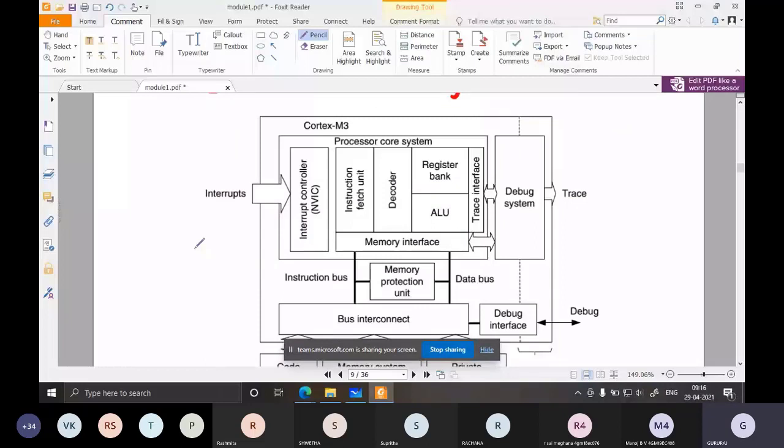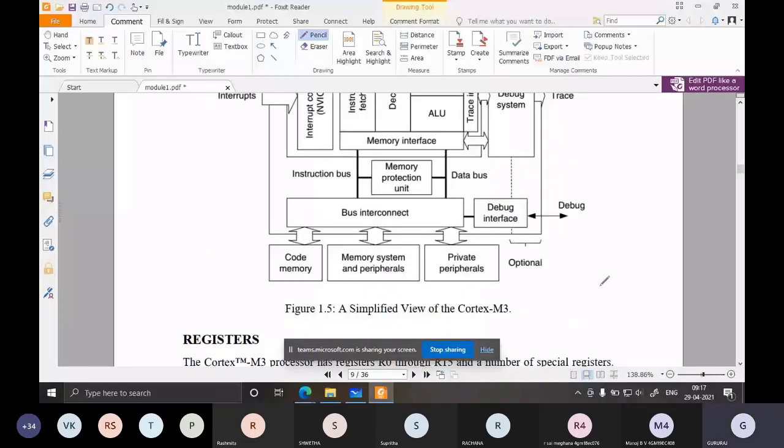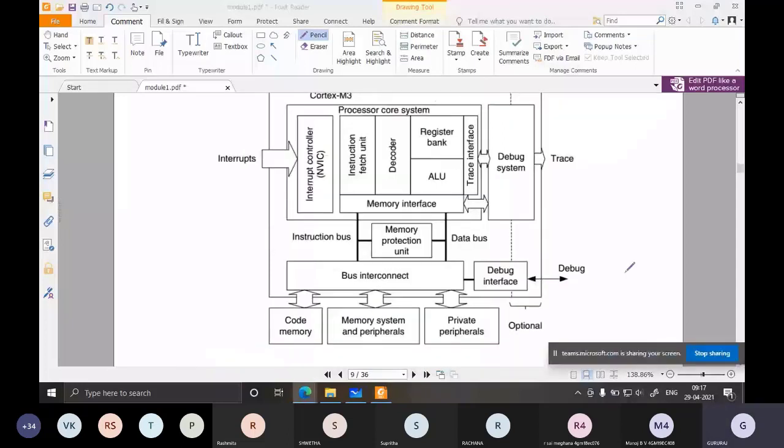Now you can see the simplified view of ARM Cortex M3. So what is there inside the Cortex M3 processor? Yesterday we saw that ARM only designs the Cortex M3 or the ARM devices. It will not manufacture, it will only design.